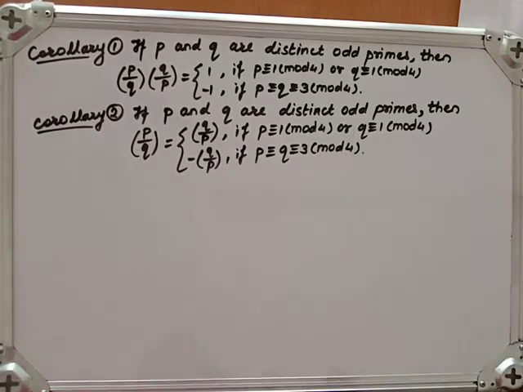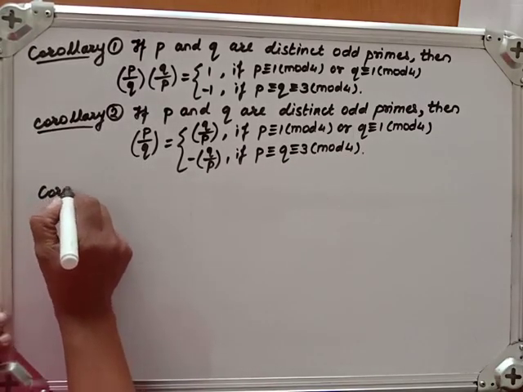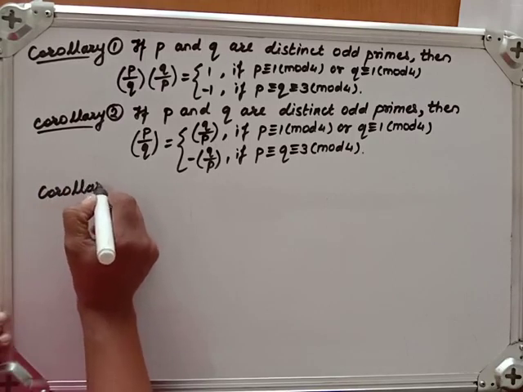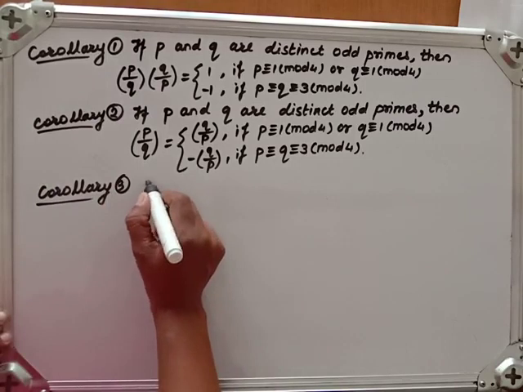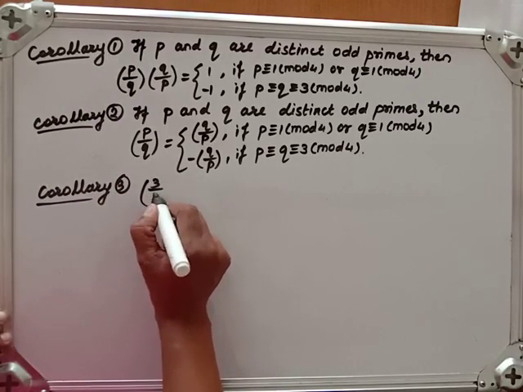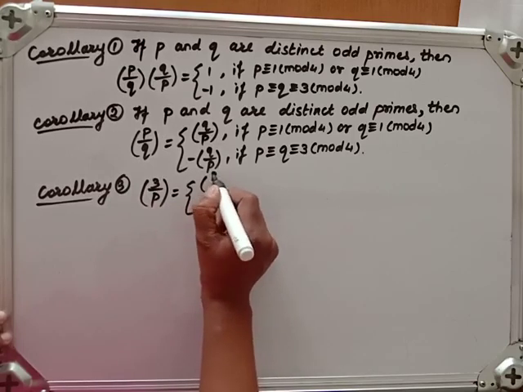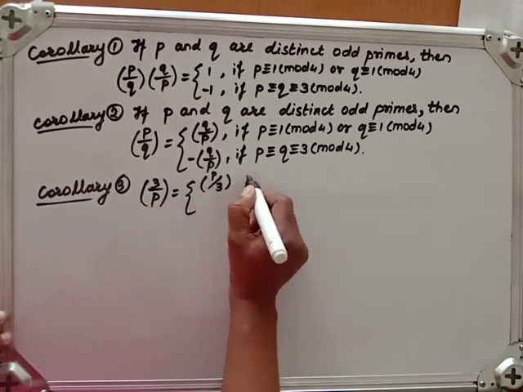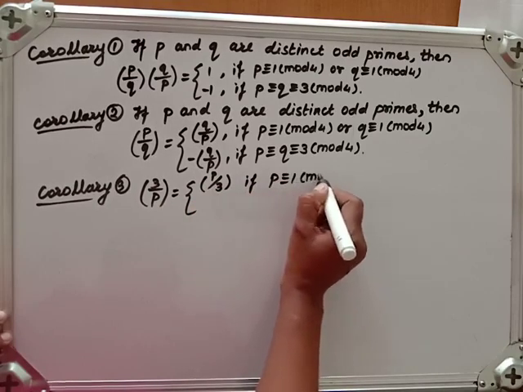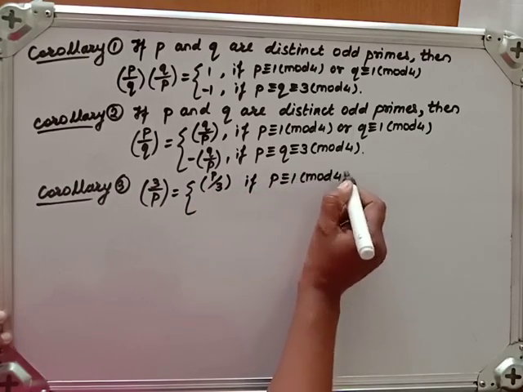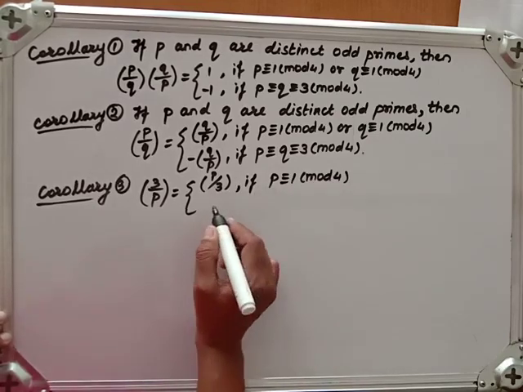Okay. Then next, corollary 3. The Legendre symbol of 3 by P is the Legendre symbol of P by 3 if P is congruent to 1 modulo 4. As Q is not here, only one of them is needed.